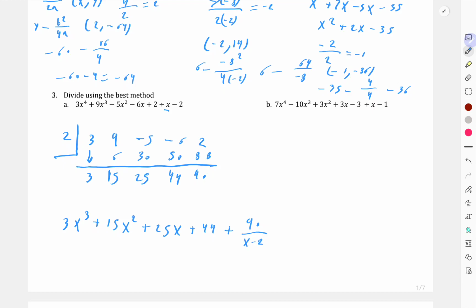Let me answer check this for clarity and see if I got it right. If I plug this into my trusty old answer checker, I will see the best method to divide gives me this answer: 3x to the power of 4 plus 9x to the power of 3 minus 5x squared minus 6x plus 2 over x minus 2.